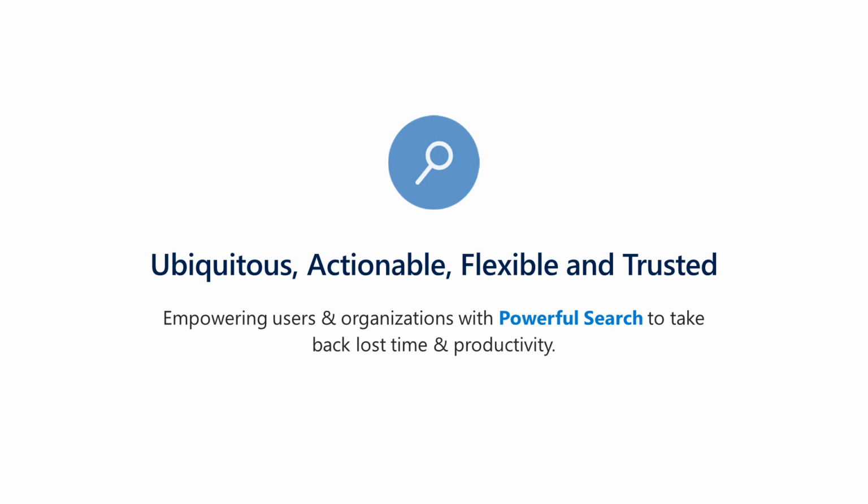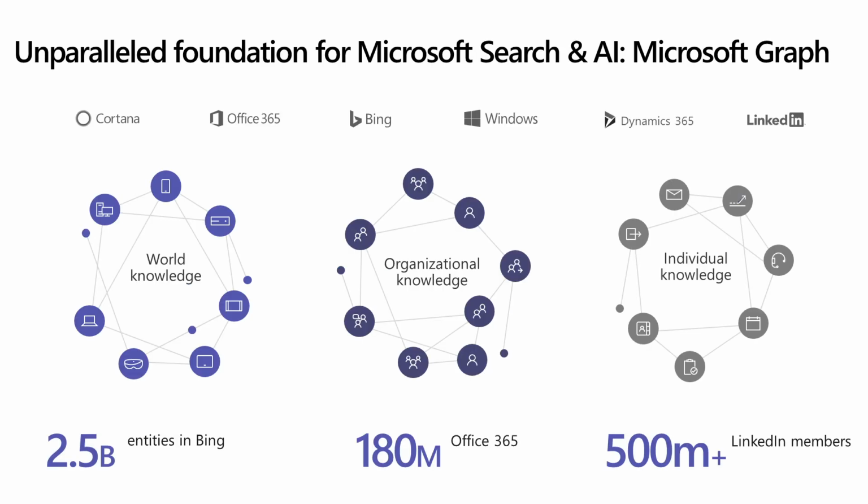Search that's intelligent, personalized to you and your organization, delivers more actionable results. Flexible and trusted. It should support tailoring to your organization's needs and align with the same privacy and trust principles as its host, Microsoft 365. This is the core about what Microsoft Search is about.